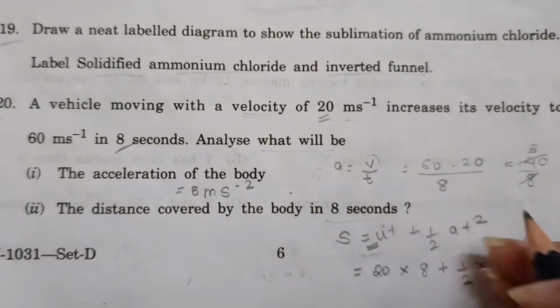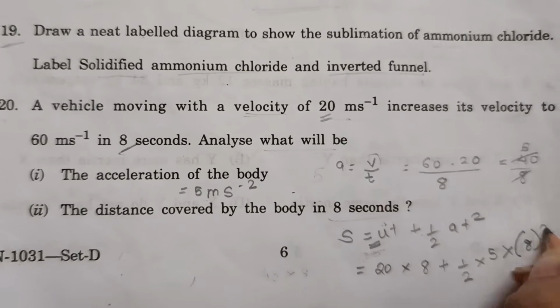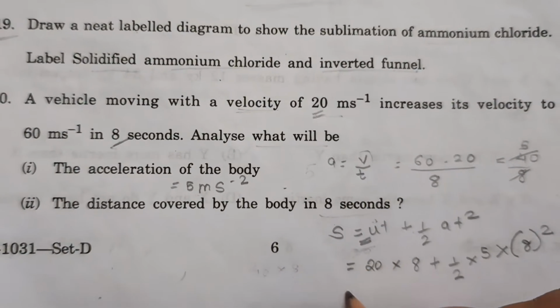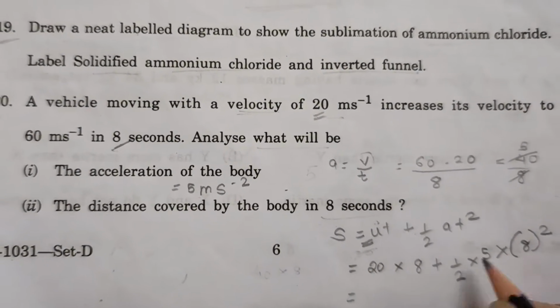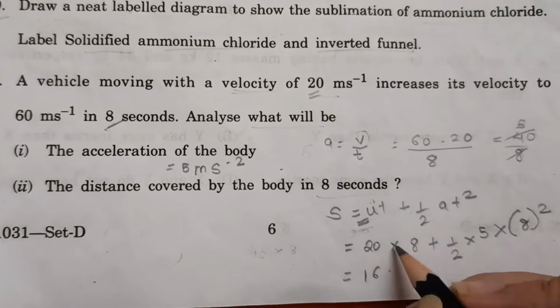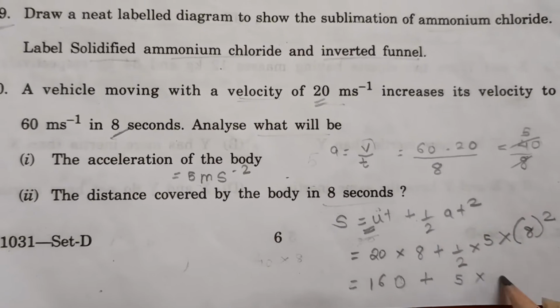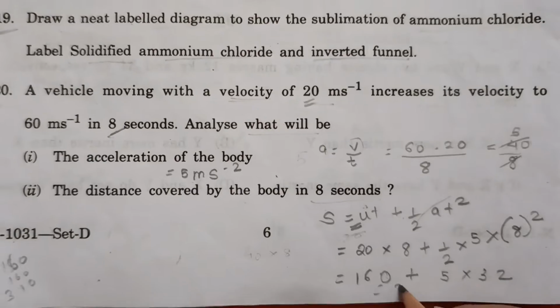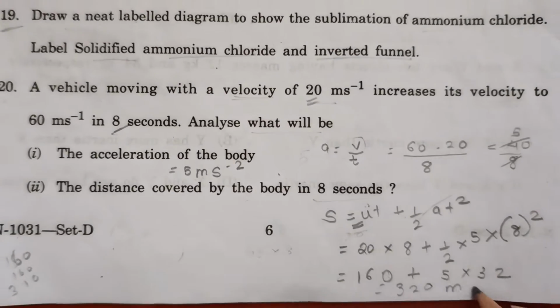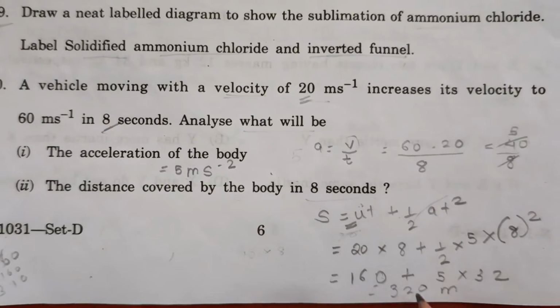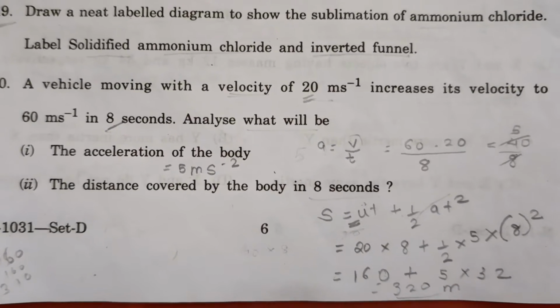Here time is given as 8 raised to 2. Now after solving, we get 160 plus 5 multiplied by 32, 320 meter. The distance covered by the body in 8 seconds is 320 meter.